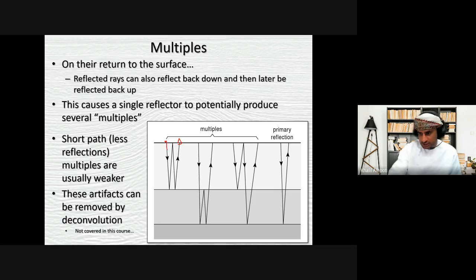Instead of the energy going here and being reflected back, it hits the interface, is reflected back to the surface, and there is no geophone to record it. It goes again and is reflected back. It's a multiple. That's not a primary reflection. This is noise, and it happens quite often.